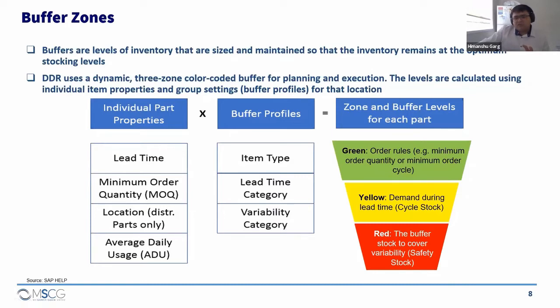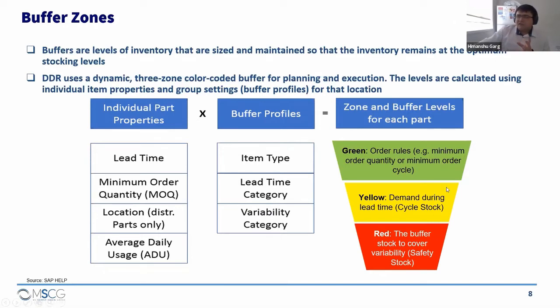How many times is it received on time versus how much it is late or early? That constitutes the variability part of it. So we categorize the variability in terms of highly variable, medium variability, and low variability. So based on all these parameters, the system comes up with the buffer quantities.